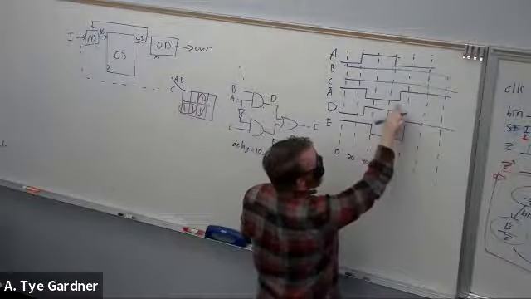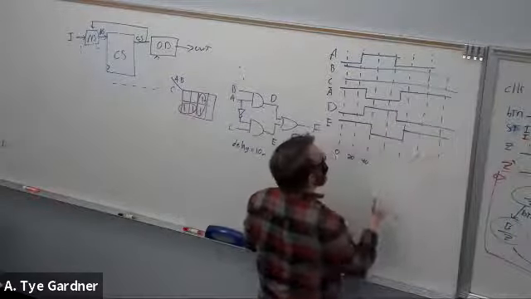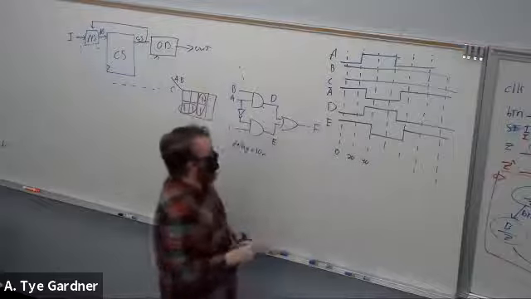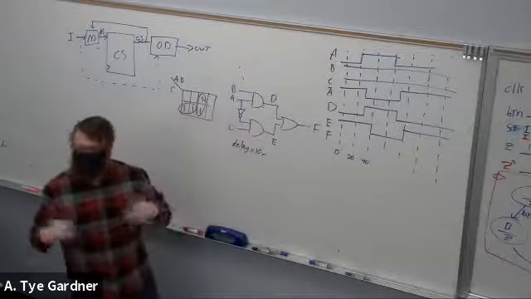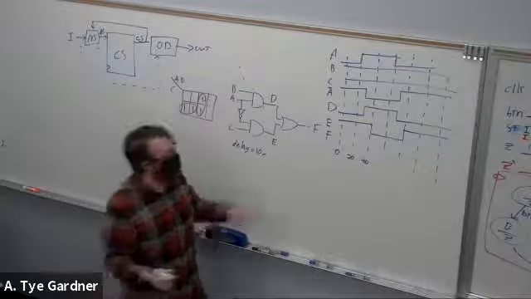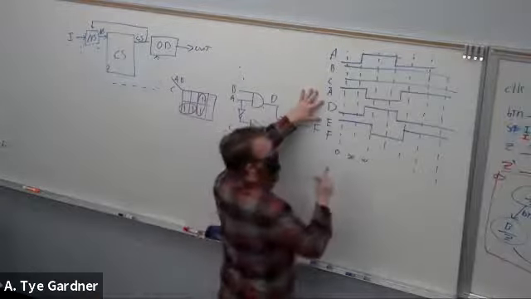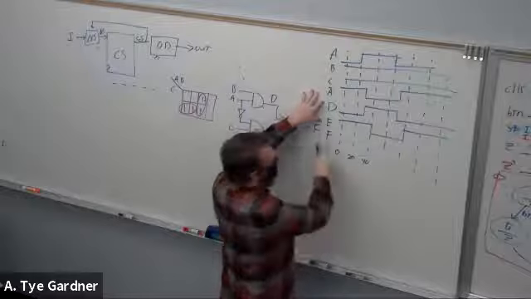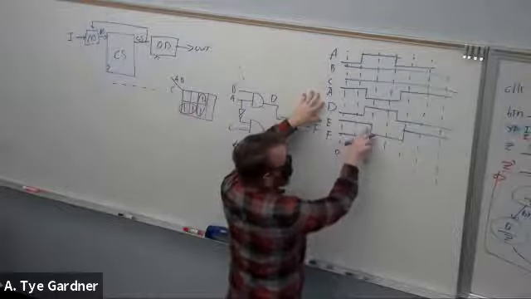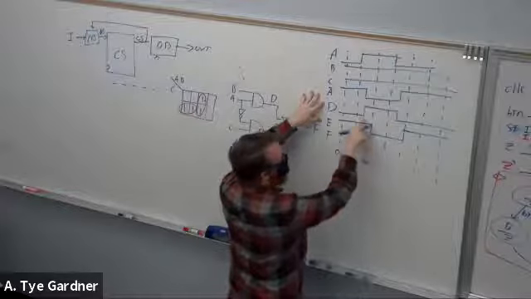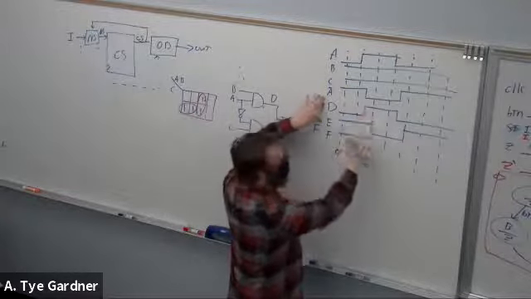And then a second delay after its change goes back to 1. Okay, now F is just D or E with another 10 nanosecond delay. So if D or E is 1, F is 1. So E is 1, E is still 1, and D is 1. So we're good.